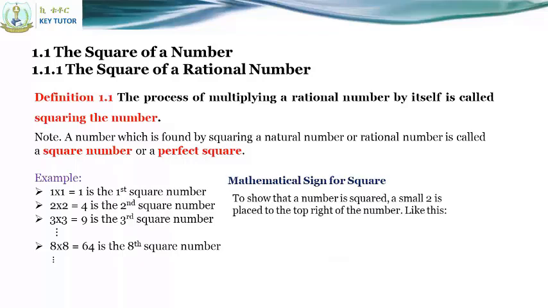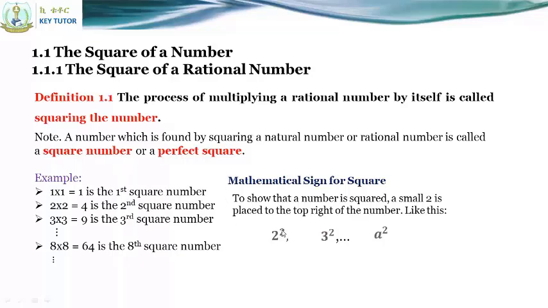To show that a number is squared, usually you put a small 2 at the right top of a number, like the following: 2 squared, 3 squared, in general a squared.